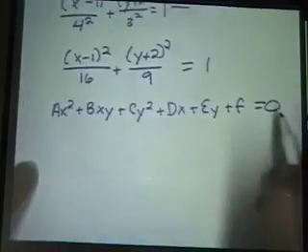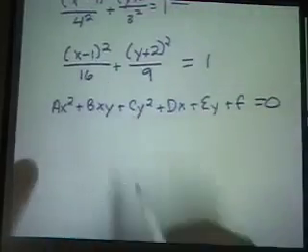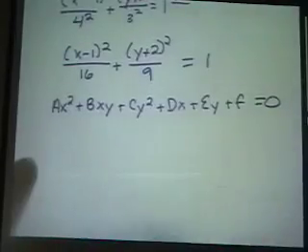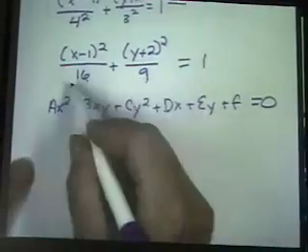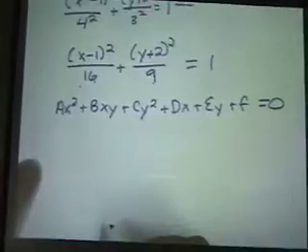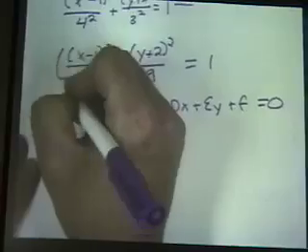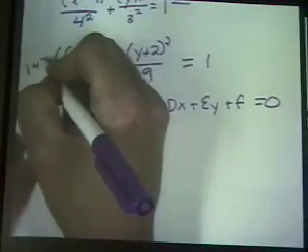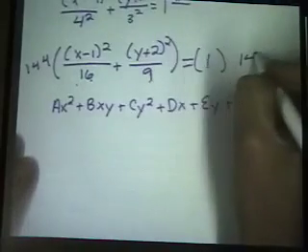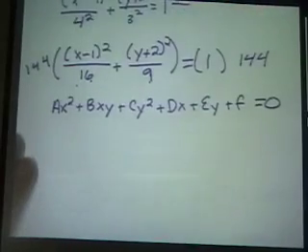To get rid of the fractions, I'm going to multiply both sides by the least common denominator. 9 doesn't go into 16, so I keep finding multiples of 9 and 16 until I find one they share, and that number is 144. So I'm going to multiply both sides by 144.